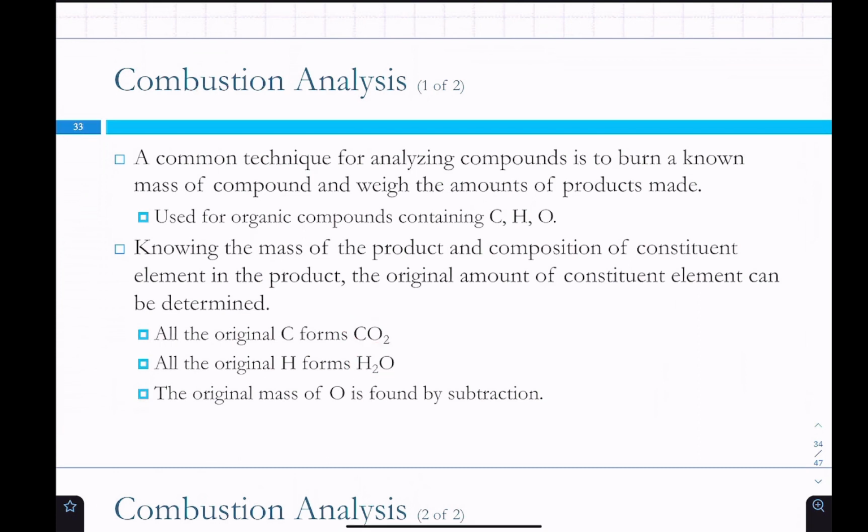Because when anything that just has carbon, hydrogen, and oxygen burns, the carbon all forms carbon dioxide, the hydrogens all form water, and then if you know how much carbon and how much hydrogen was in the original sample, you can use the difference from your original mass to figure out how much oxygen there was. And then using those 3 things, calculate an empirical formula.